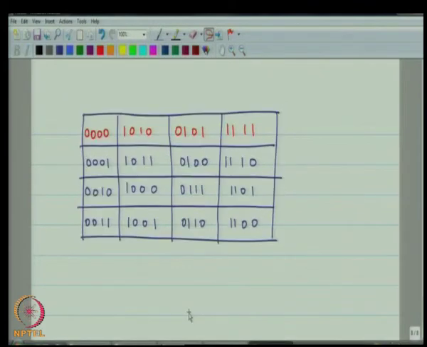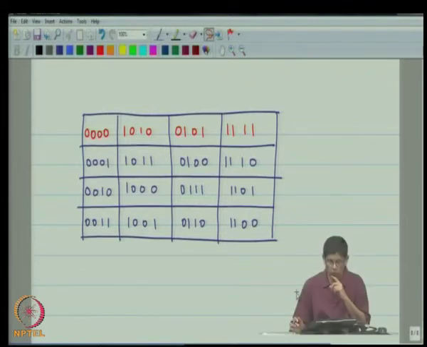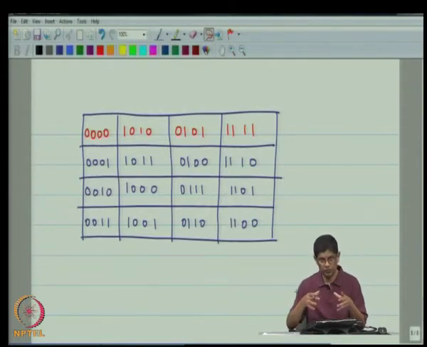Now, this time, with the same standard array, let us say that I am interested in finding out the probability that the first message bit is in error. I am just going to do this as an example, but from this it will become clear that you can find out any kind of message bit error that you are interested in.